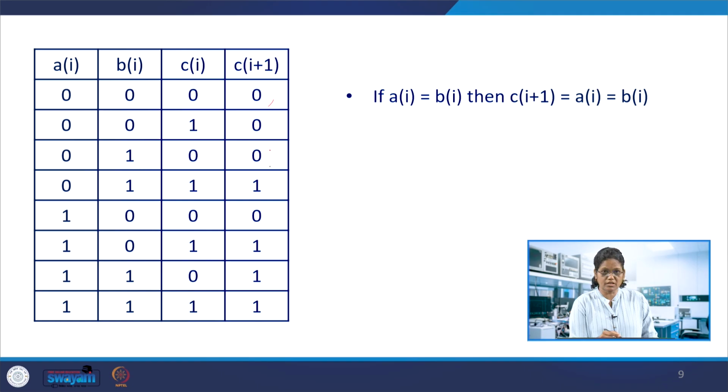Here the sum is neglected for this discussion; the sum can be calculated as in the previous case using the given truth table. Now for the carry operation, if ai and bi, in this case these two are equal, and here also ai and bi are equal, then Ci plus 1 is either ai or bi.